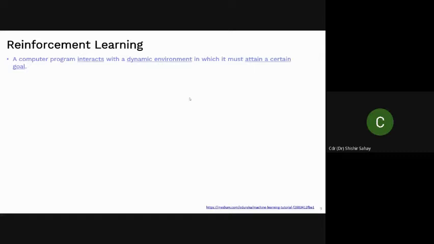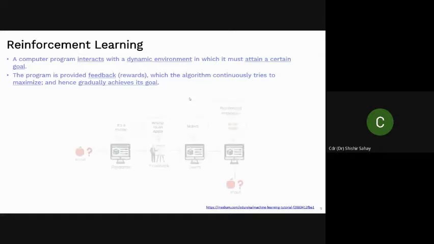And what is the goal? That it must be able to fly at a particular speed and in an upright position. And obviously, as I mentioned, the program is continuously provided feedback in terms of reward, in terms of, are you attaining your goal? And these rewards are continuously maximized by the algorithm, and hence the algorithm is able to attain its goal.